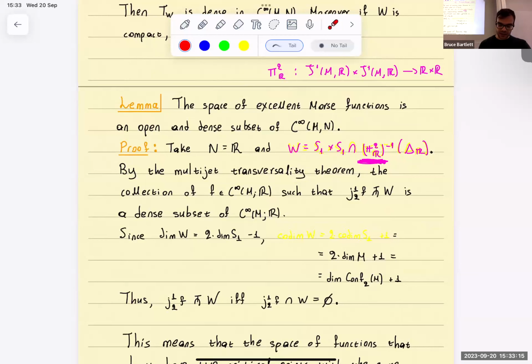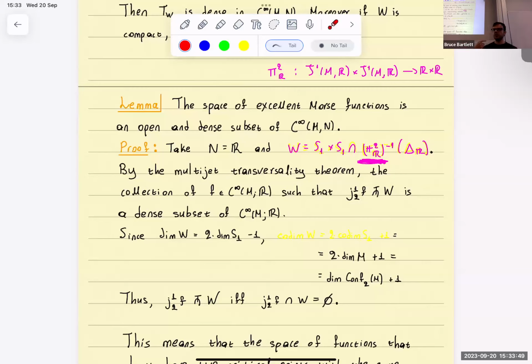It's almost the dimension of S1 cross S1, so twice the dimension of S1, but minus 1, because each of these S1s consists of triples where the last bit of the triple is a real number, and here we take tuples of such triples, but ask for the real number at the end to be the same.